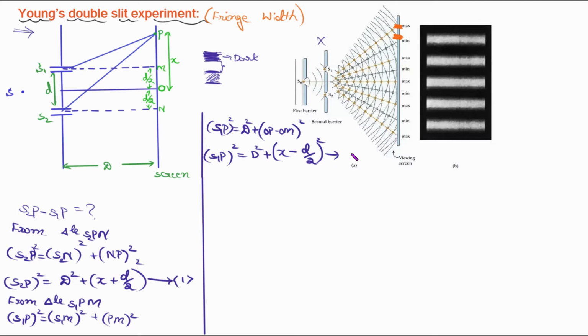So this is equation number 2. What we have got, the S2P and S1P values we have got.